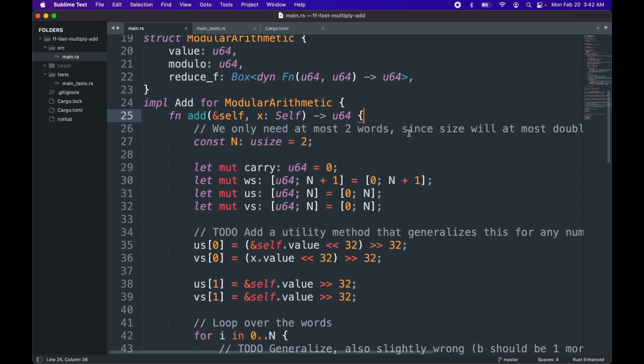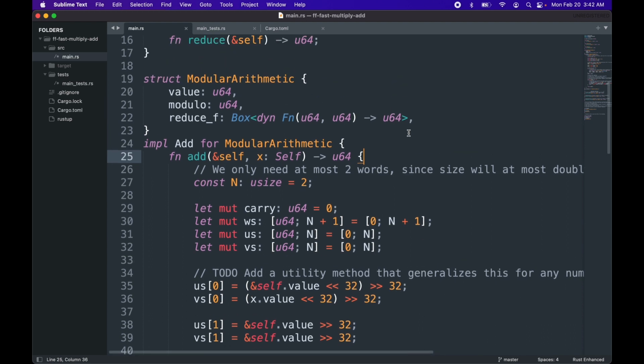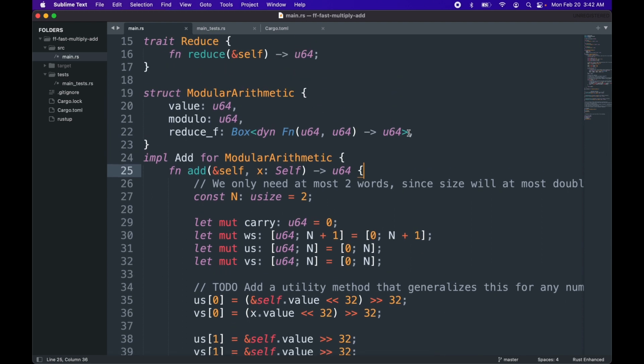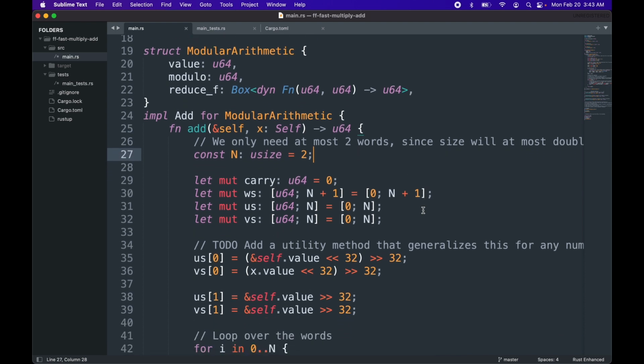So add, you're going to be taking something that has a value and a modulo and a reduction function, and then some other value. So this is starting to get into the overflow thing that we're trying to address.